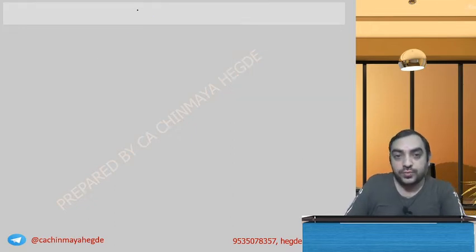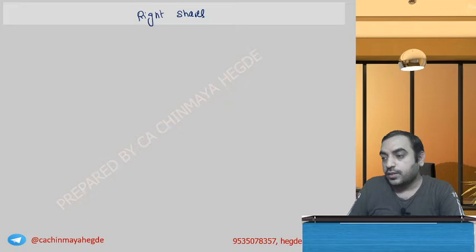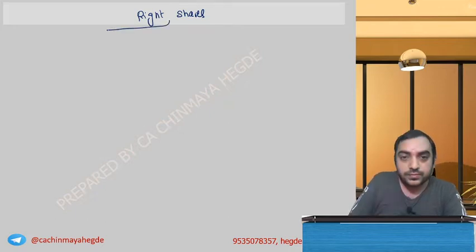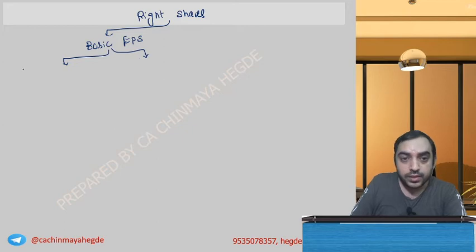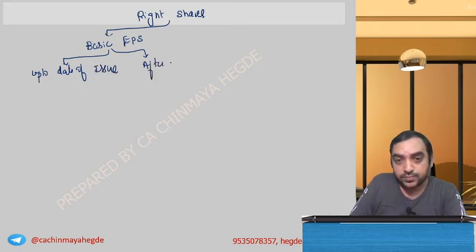Let me go for right shares now. Right shares for basic EPS, if it is issued in the current year, for basic EPS, up to the date of right issue and after the date of right issue.